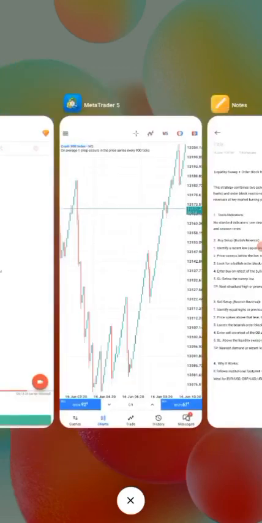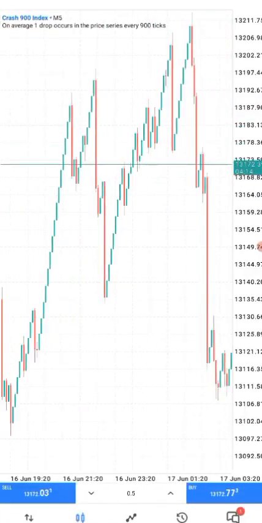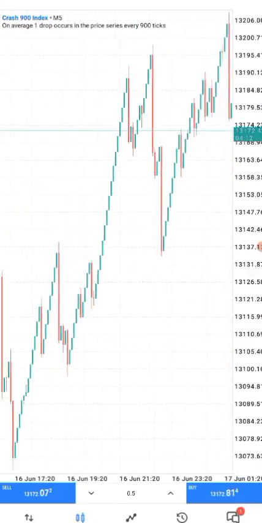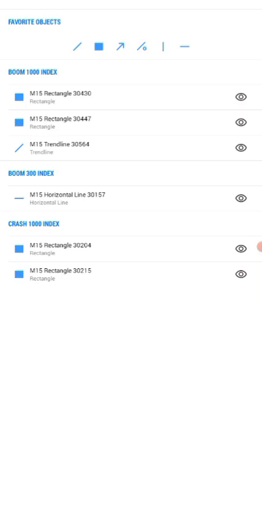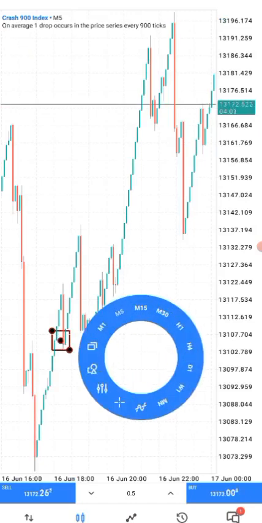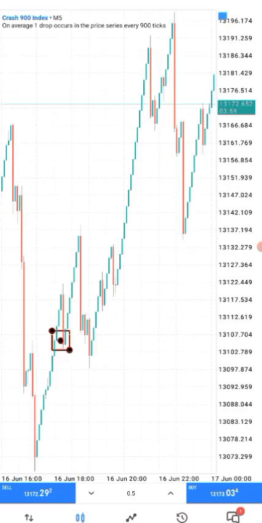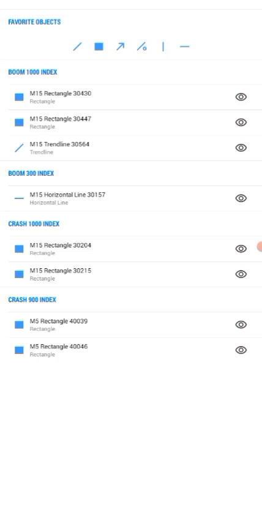Now let me show you. For example, this is a stop hunt. Now we are going up, right? Let me draw. This is a stop hunt that we are trying to figure out. You see, this is a stop hunt.